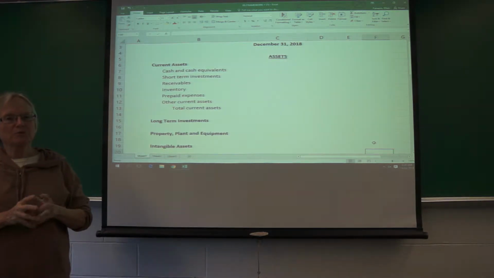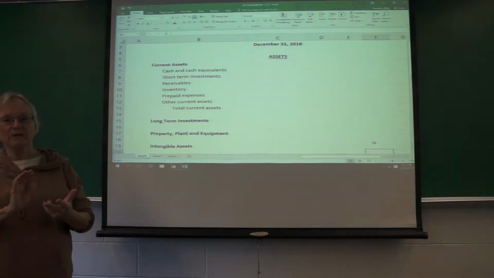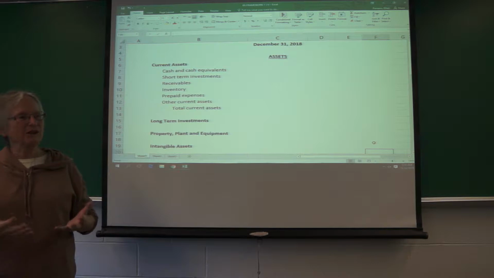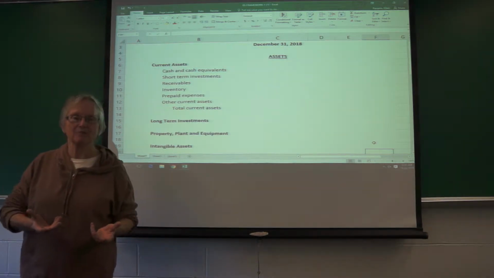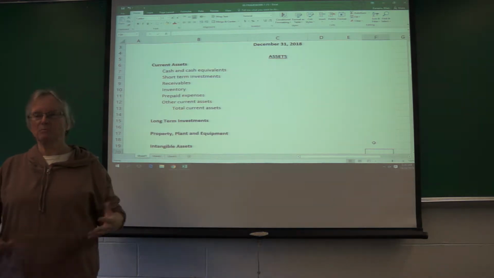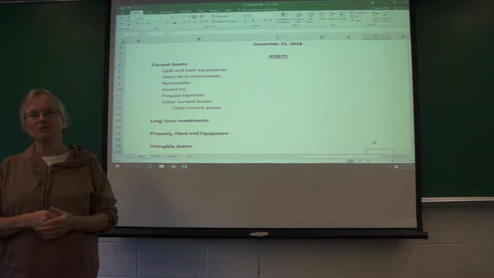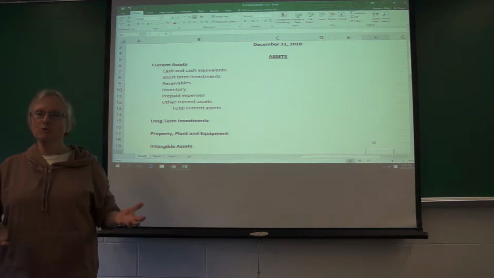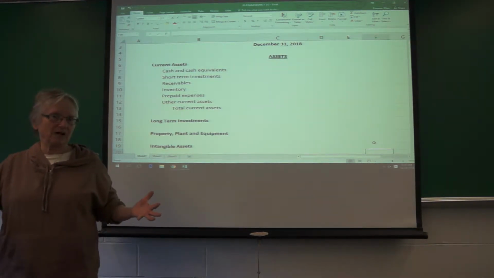Our receivables, both our accounts receivable and our short-term notes receivable, we also want to report them at what we're actually going to collect, or what we expect to collect. We could have a big promotion and have $1 million in accounts receivable, but realistically, are we going to collect all that? Maybe we'll only collect $700,000.